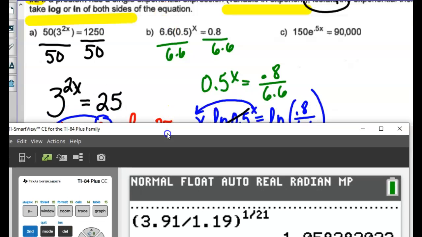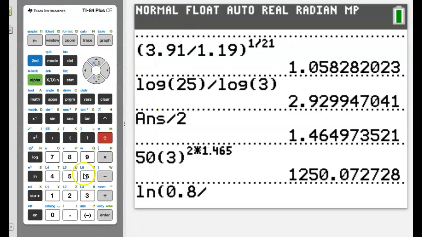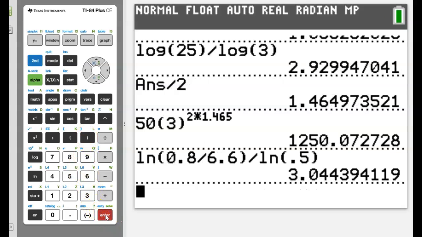Was it 0.8 divided by 6.6, close parenthesis, divided by the ln of 0.5? 3.044? Anybody?